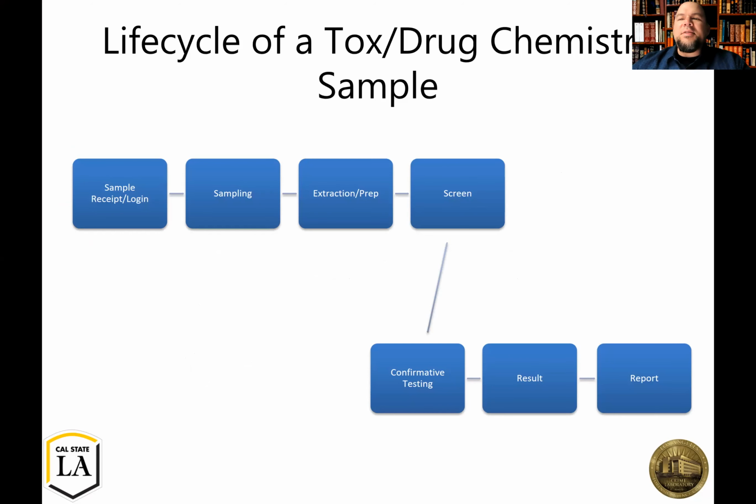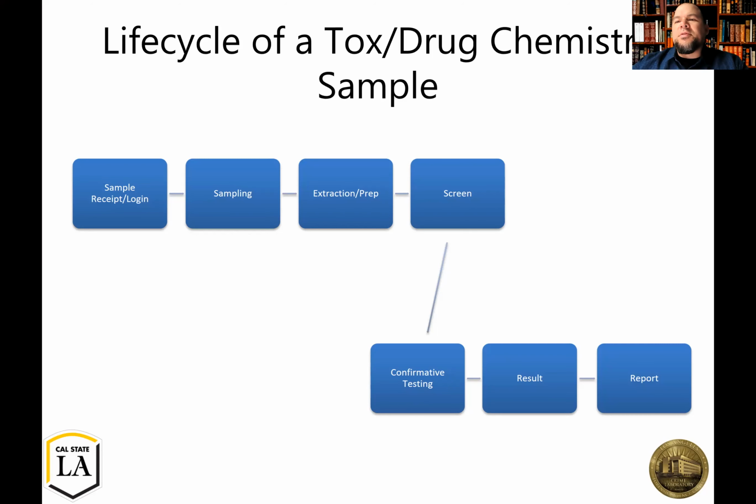This would also apply to DNA in the biology section, but obviously I'm biased because I'm your toxicology professor. So we'll talk about sample receipt, getting the sample entered, the accessioning, getting it entered into a computer system, a LIMS system. Then the sampling that we'll need to do once it's been logged into the system.